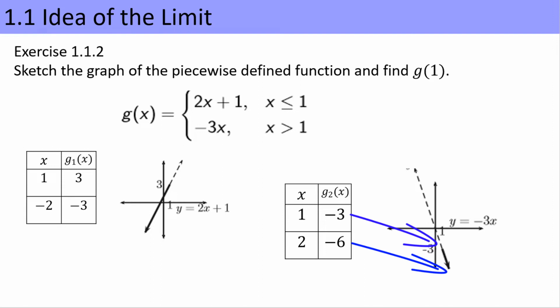The graph begins in the second quadrant, cuts through the origin, and continues to decrease indefinitely in the fourth quadrant. Let's observe that the graph drawn has a dashed line for the values to the left of 1 because the piece is defined only for x greater than 1.